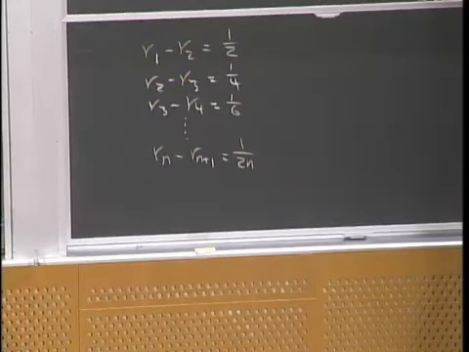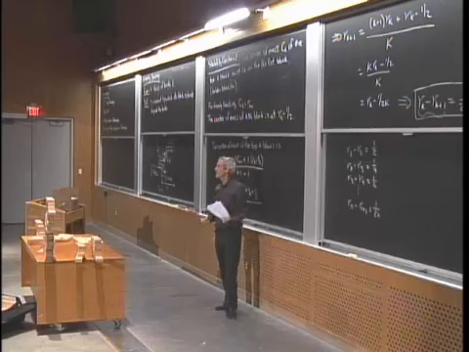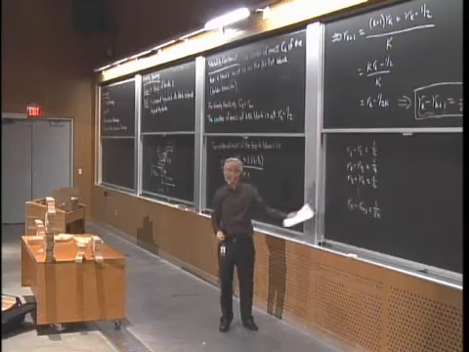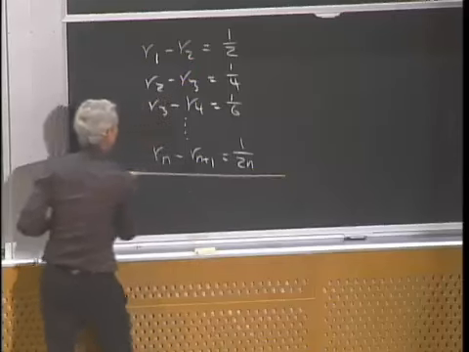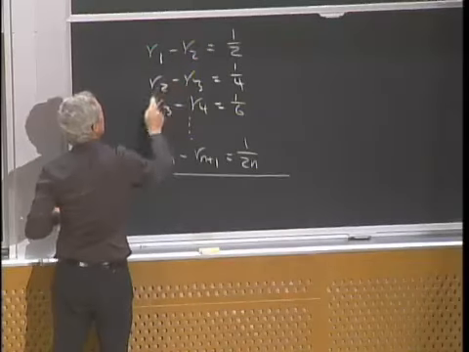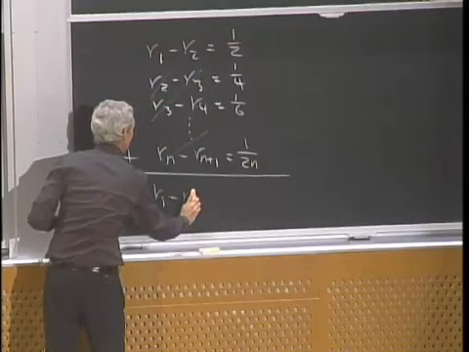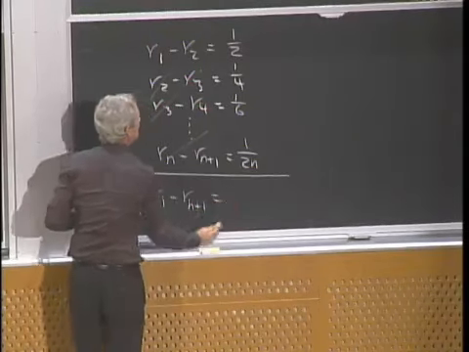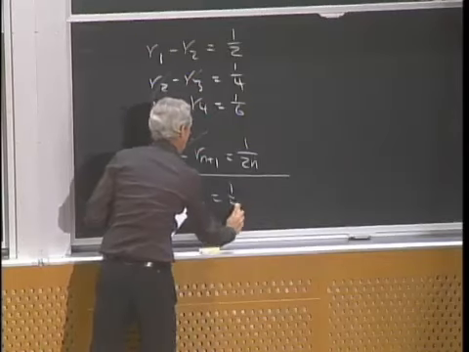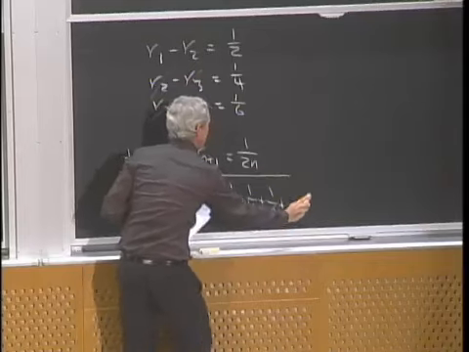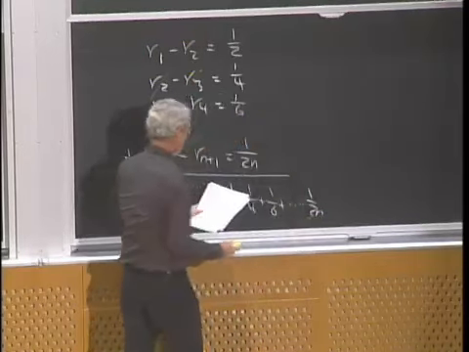All right, now there's a very easy way to figure out what R1 is, which is what we're after. How far out is the top block? Add them all together. And everything cancels. So I get R1 minus Rn plus 1 equals 1/2 plus 1/4 plus 1/6 out to 1 over 2n.